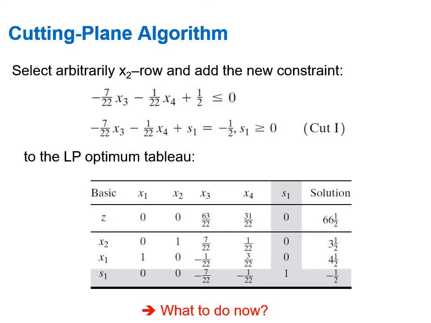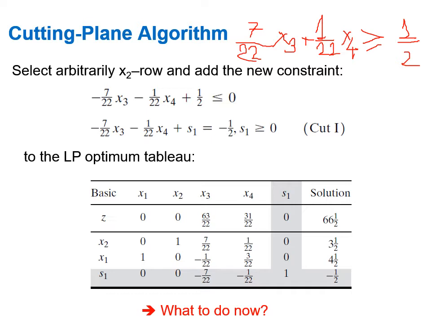Remember last time I told you that in our procedure we write the cuts so that originally for this constraint we have 7 over 22 x3 plus 1 over 22 x4 greater than or equal to 1 over 2. So this is the original cut after the procedure.